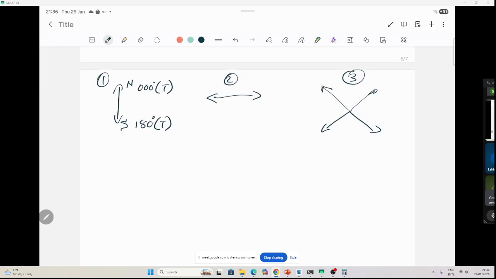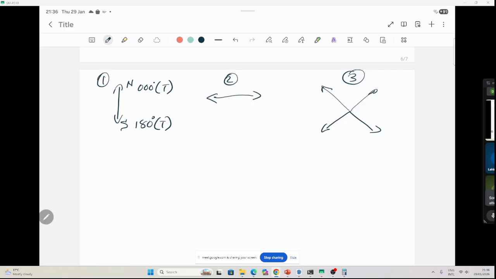Now we'll come to the distance later. For the time being, we'll leave it as it is. So the course is going to be either 000 degrees true or 180 degrees true.